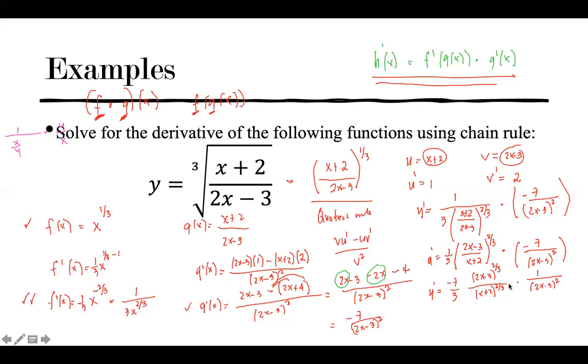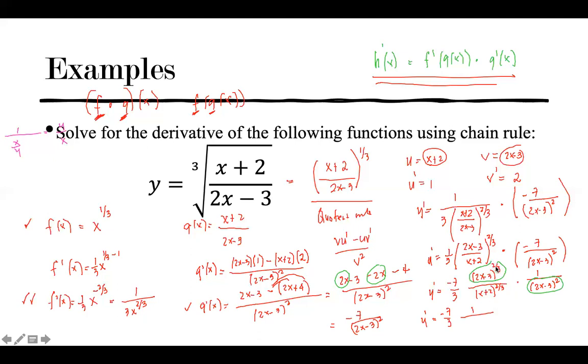So I distribute 2/3 here, because if you notice, the 2x minus 3 here and this expression have the same base. So we can combine them. So how do we combine them? We can have y prime equal to -7 over 3 and 1 times. So we can put it down. Why is it so?